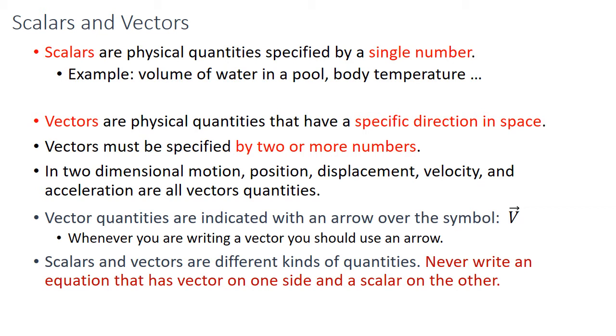We cannot write an equation that adds or subtracts vectors from scalars. So scalars and vectors have to be distinguished from each other. Now, each vector has a magnitude, and the magnitude of the vector is a scalar, and I can deal with it as a scalar. The magnitude is how strong this vector is.